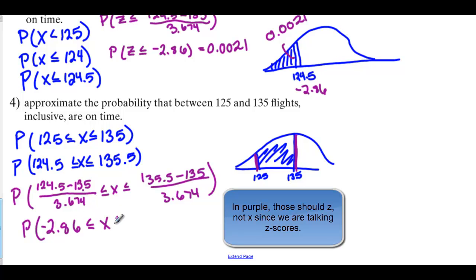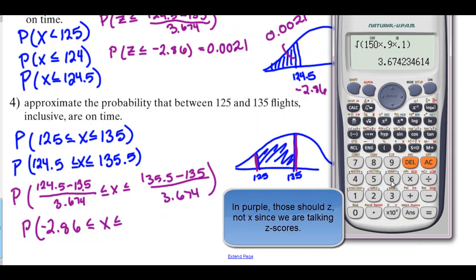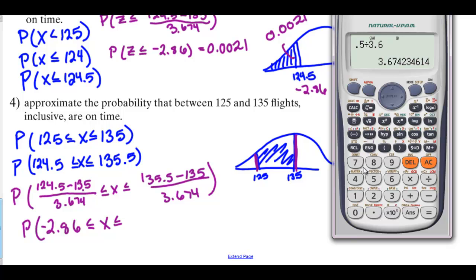Less than or equal to x, less than or equal to, what's this one? So the 135.5 minus 135 is just 0.5 divided by 3.674. Yes, so we're going to round it up to 0.14. Perfect.